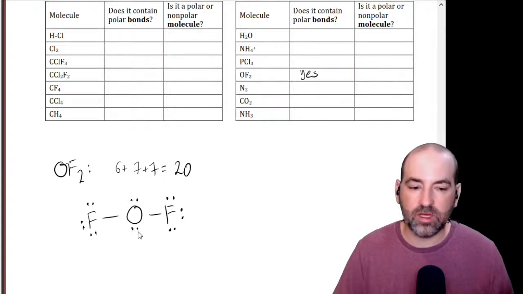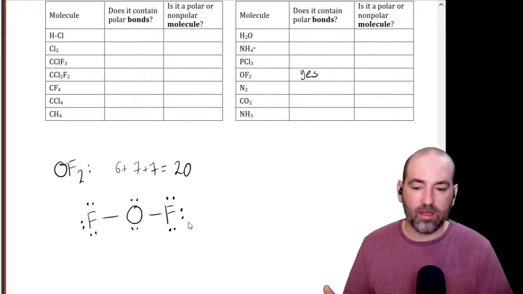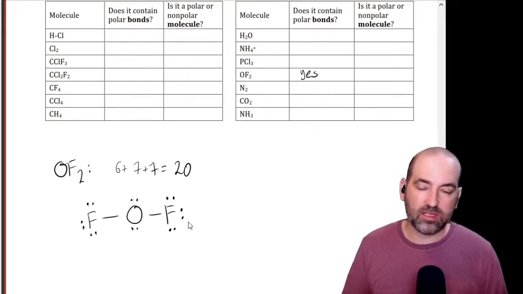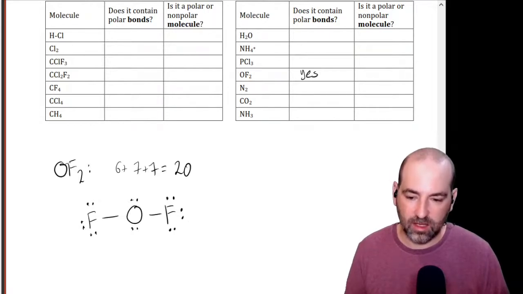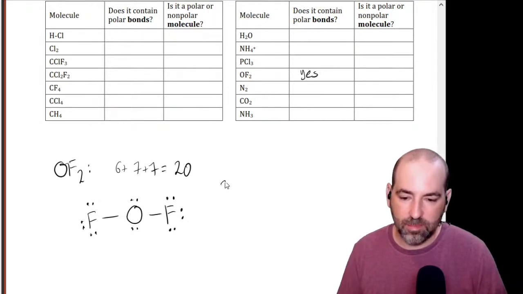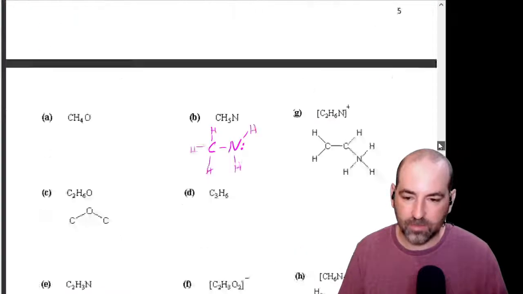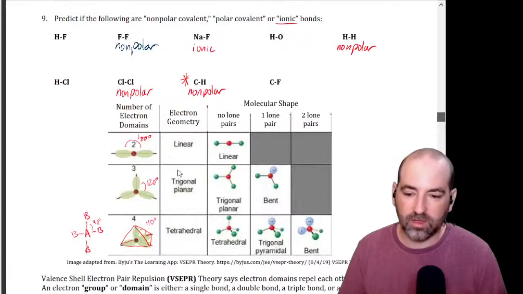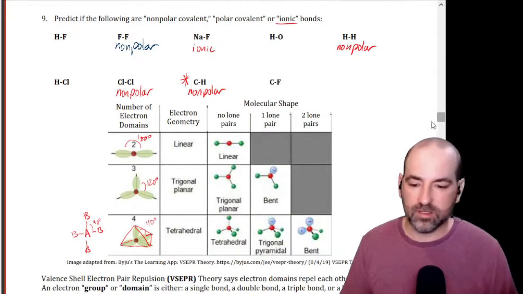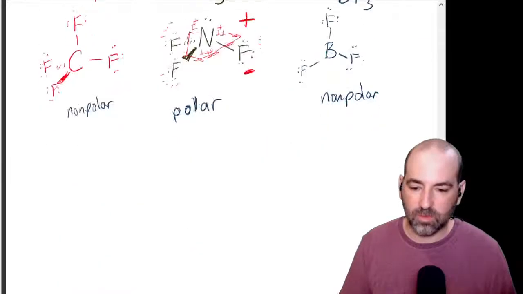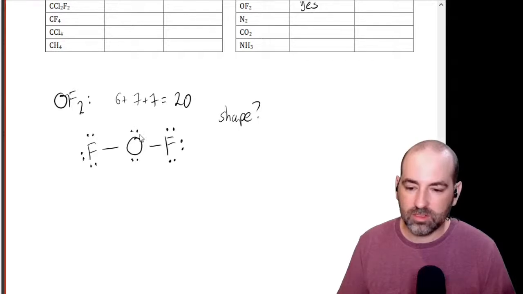That doesn't work here because we don't know the shape yet. We drew this thing straight like this, linear, but we don't actually know that it's linear yet because we haven't thought about that. We have to use those skills we did yesterday to figure that out. So what is the shape of this molecule? Well, let's go back to that table. We have to look at the number of electron groups or domains, and then how many lone pairs are on that central atom. The central atom's oxygen.